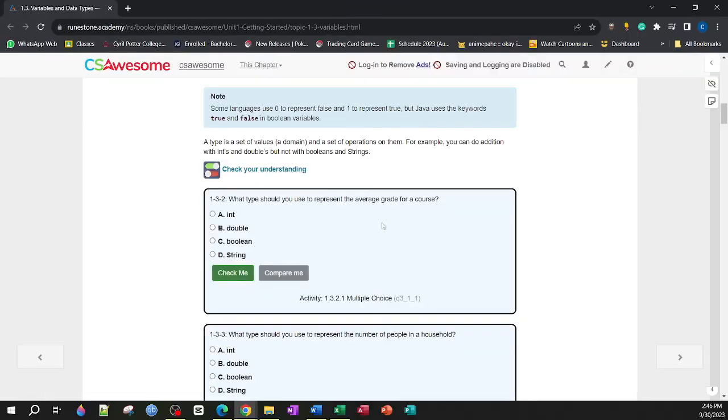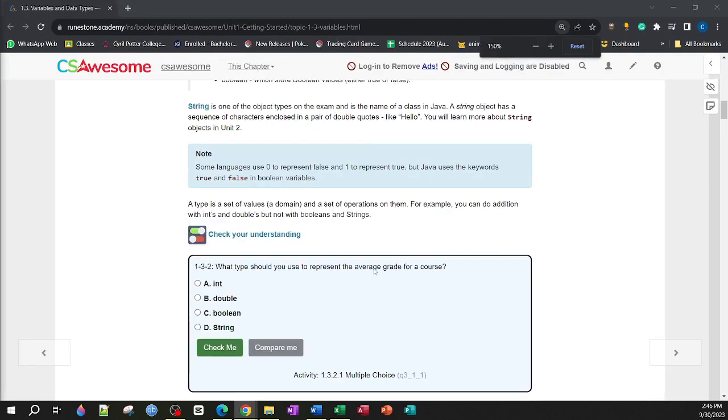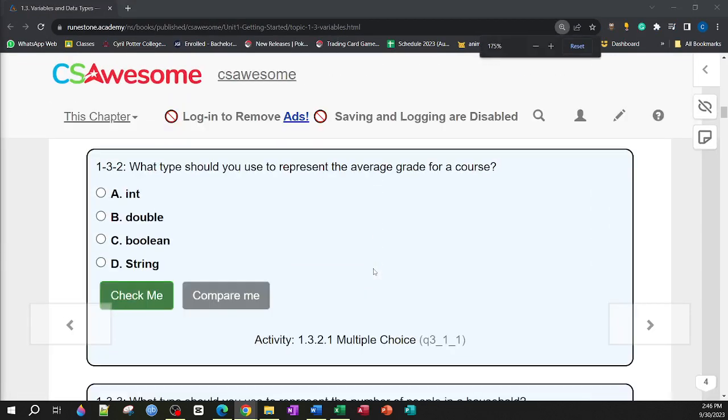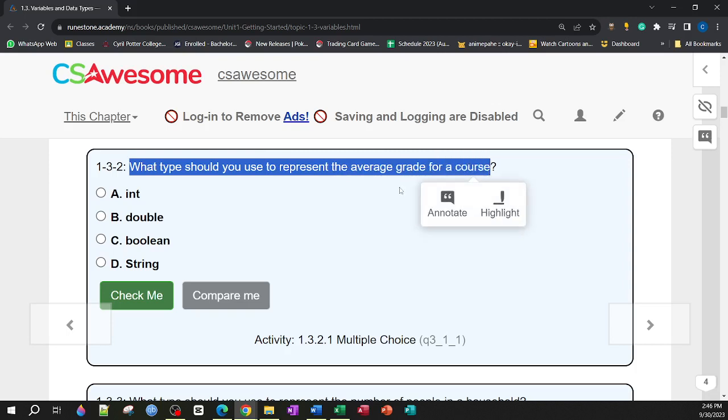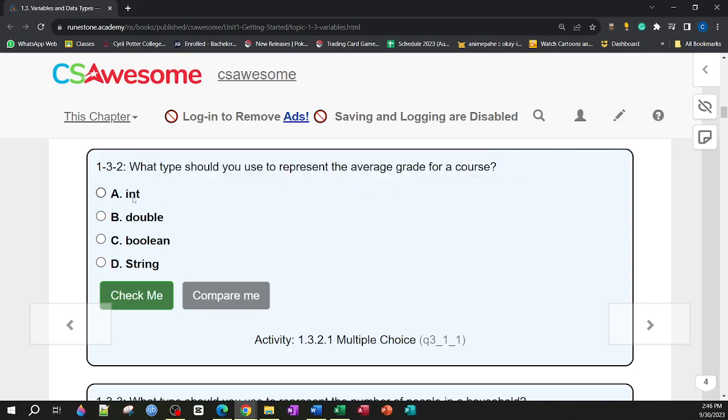All right. So let's see if we're clear on the data types. Let's see if we can answer these questions here. So the first question, what type should you use to represent the average grade for a course? Now, int is integer.